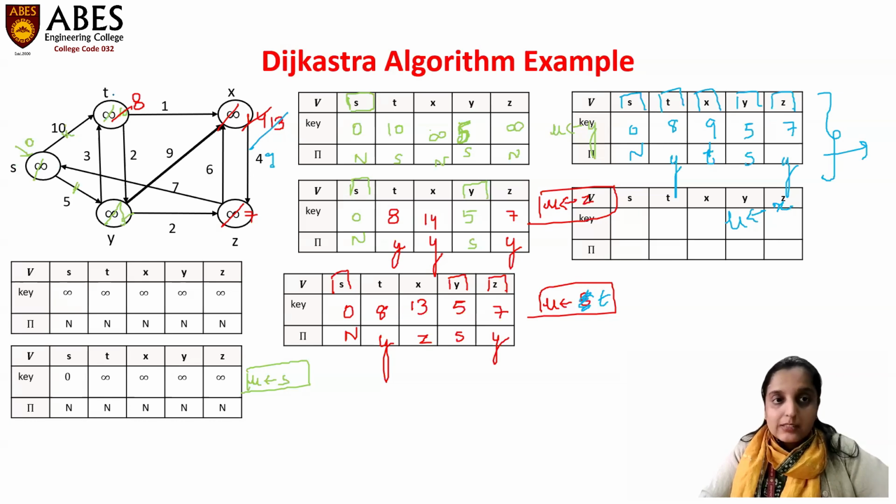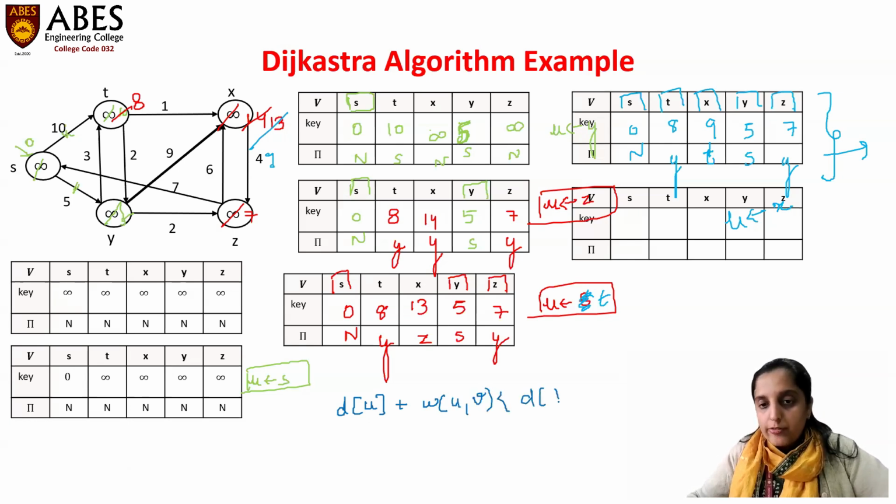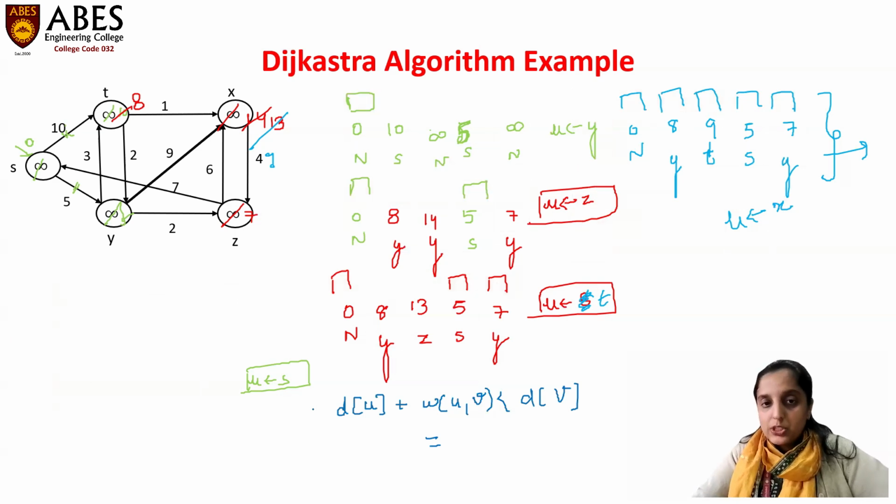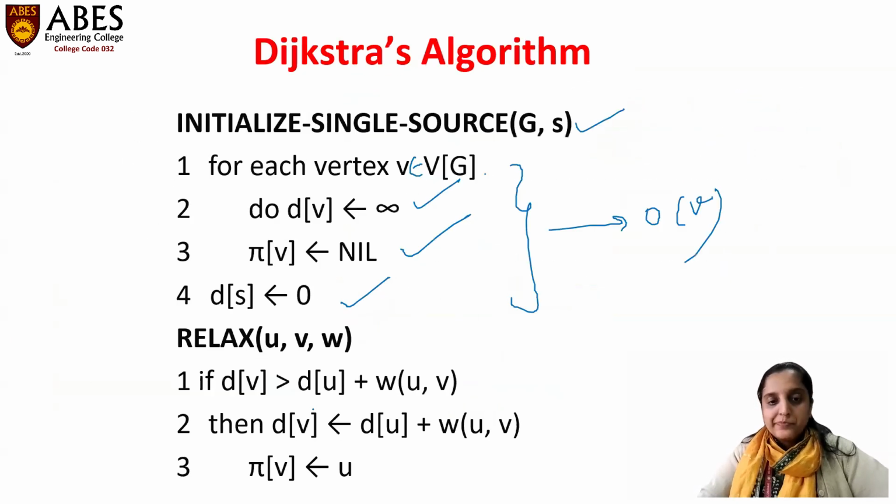If I have to write this in the form of pseudocode, I will write it like this. If one endpoint of the edge is u and another endpoint is v, then I check whether distance of u plus w, the edge weight of uv, is less than d of v. If the statement is correct, then only I will do all the updates, and those updates are written here.